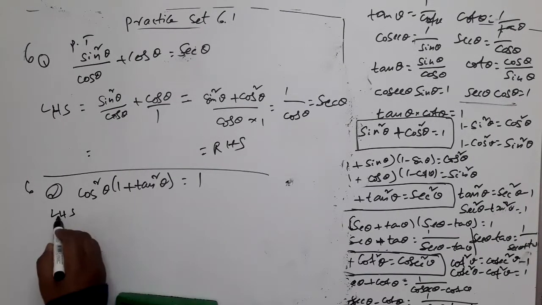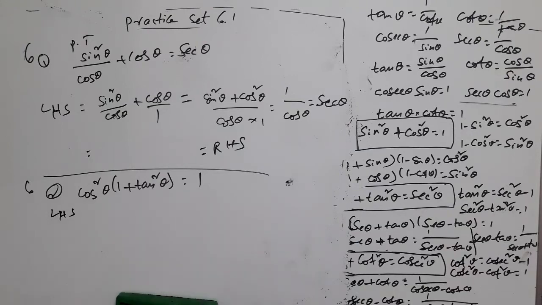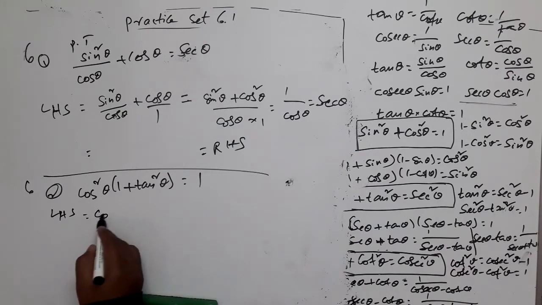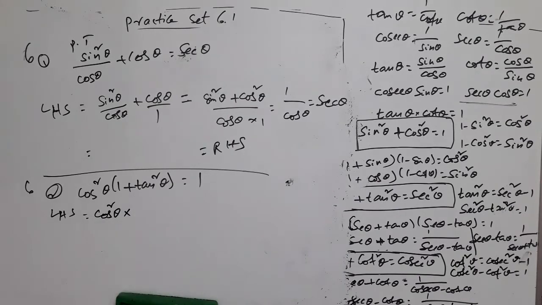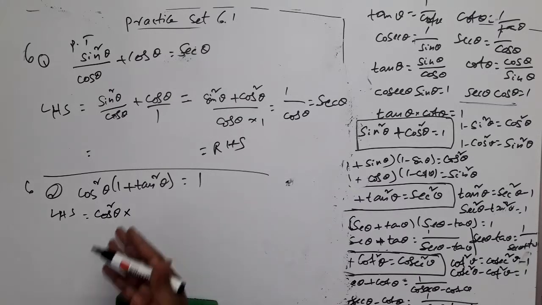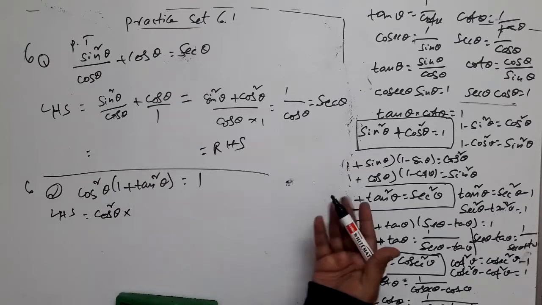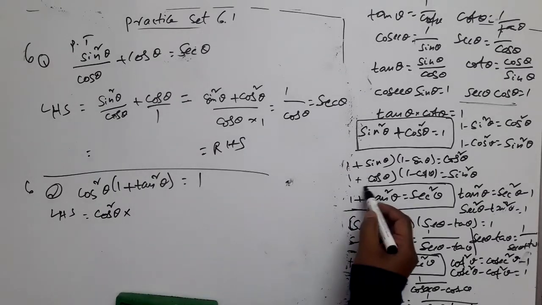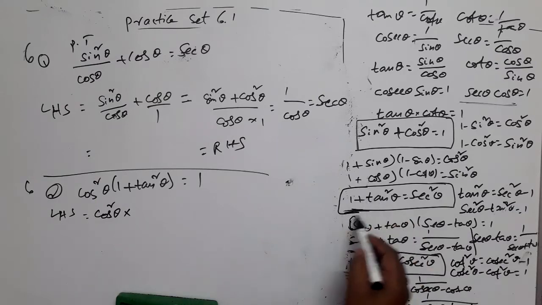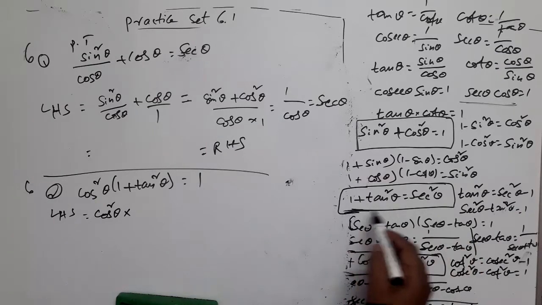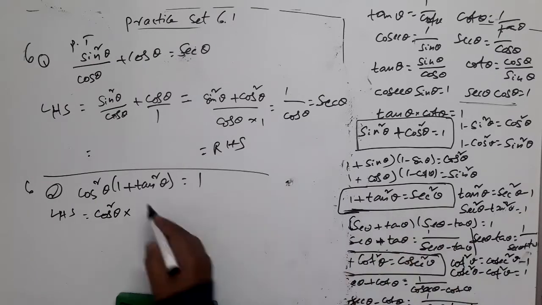So let us start at the left hand side part and bring the right hand side part. This is cos square theta multiplied by 1 plus tan square theta. Seeing this expression, we have the idea that we have an identity involving 1 plus tan square theta directly, that is secant square theta. 1 plus tan square theta is secant square theta. So I will write this as secant square theta.